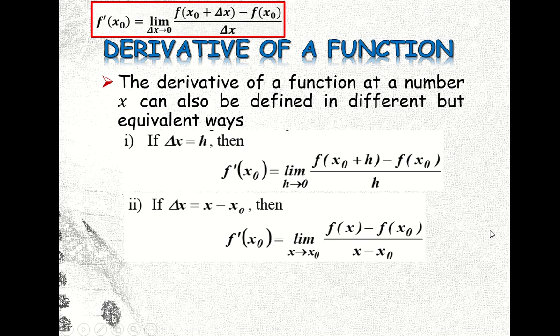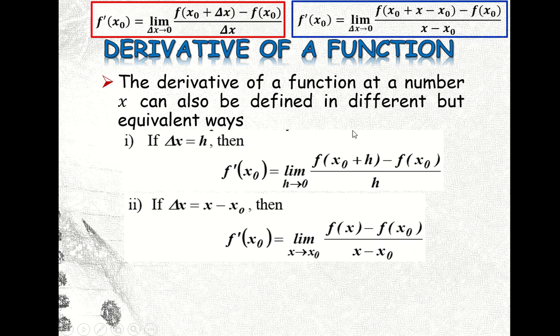So what was done here, why does it become like this? Okay, this is the illustration, class. You change delta x to x minus x sub 0. So second step, change delta x to x minus x sub 0.